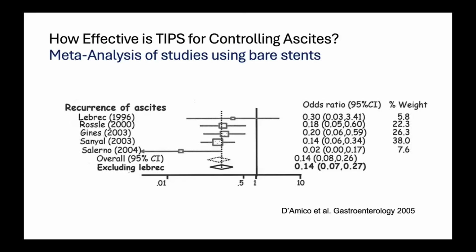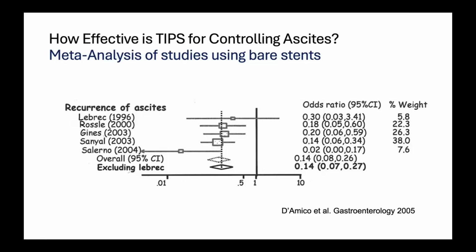Two very important questions. So this is an old, an aged meta-analysis from almost 20 years ago, clearly showing that when you put in a TIPS in patients with refractory or recurring ascites, there is a huge improvement, with an odds ratio of 0.14.